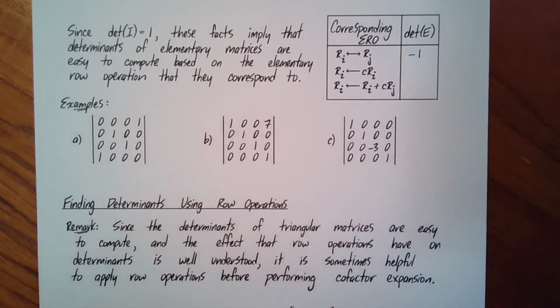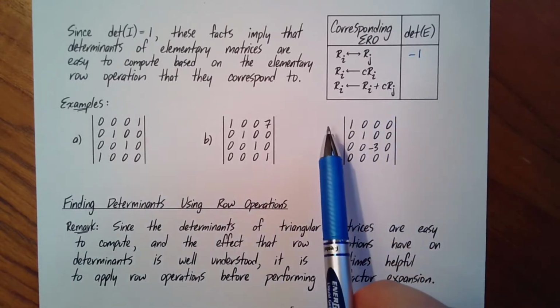What about an elementary matrix that corresponds to multiplying a row by some non-zero constant C?